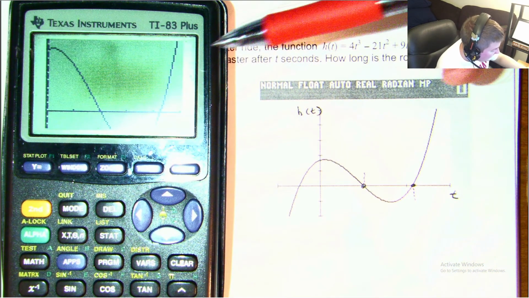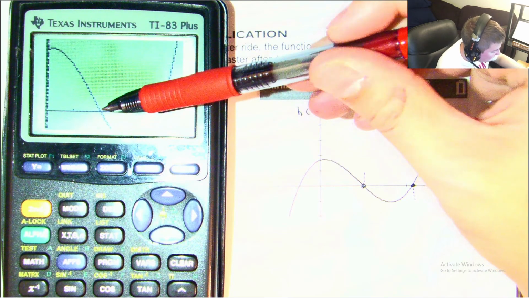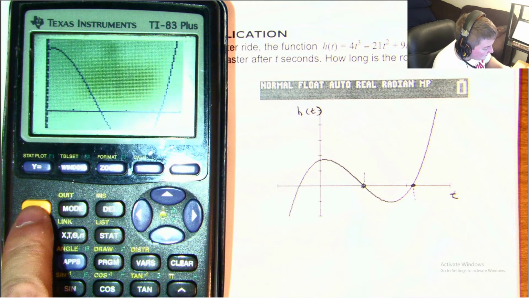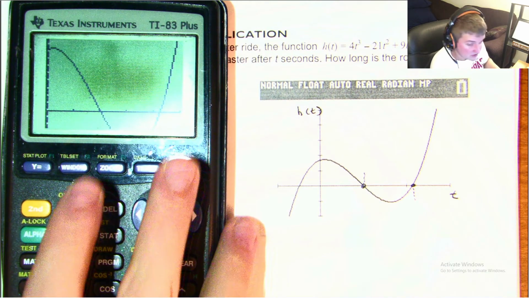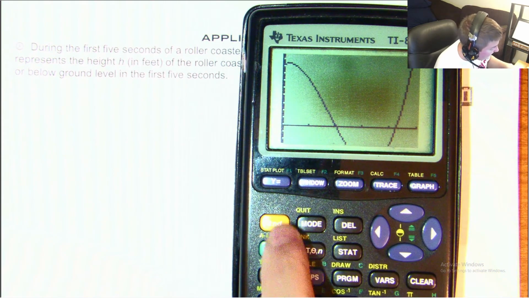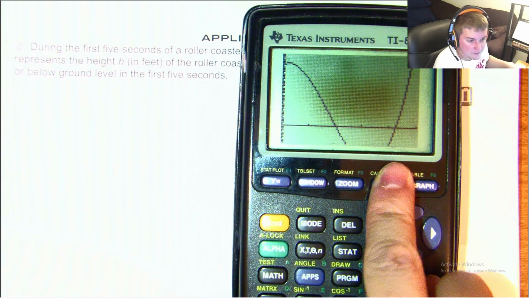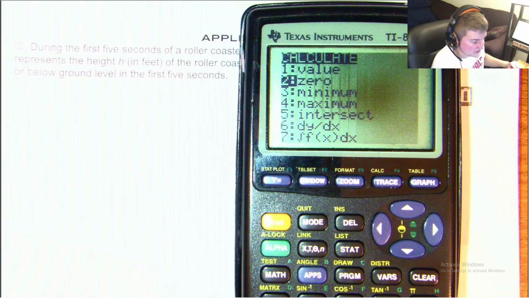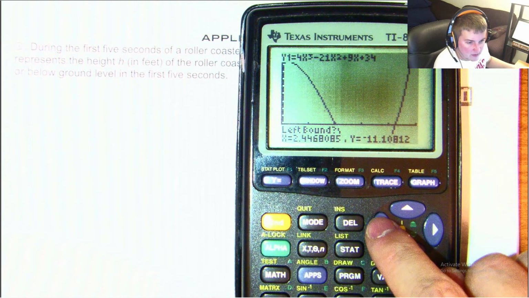Okay, so we want to figure out where this crosses the x-axis. If you recall from chapter 3, which is quite some time ago, you hit second, and then you go to trace. If you want to find where it hits the x-axis, that's where y is 0. So we're going to go to 0, and we are going to go to the left of that value.